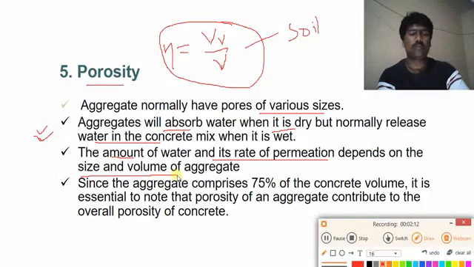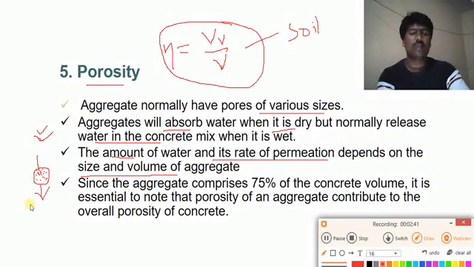Means the amount of water that goes into the pores, since the aggregate contains pores like this, so as there are pore spaces, the water can enter into these pores. The amount of water and its rate of permeation depends upon the size of the aggregate and also its volume.